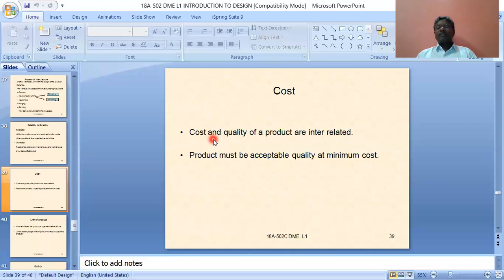That means cost must be optimum, affordable to the manufacturer as well as the customer. That's why cost determination is one of the major and important factors we have to take into account, right? And next, the product must be of acceptable quality at a minimum cost. So this is another factor, right?